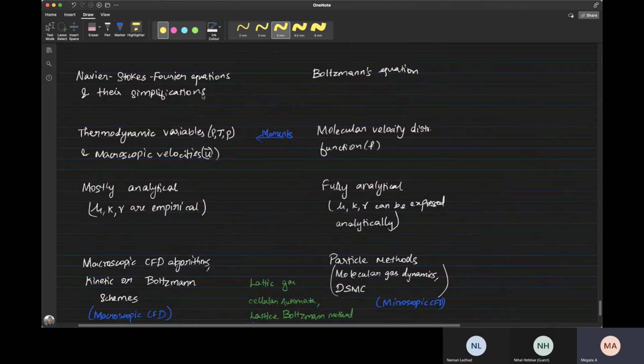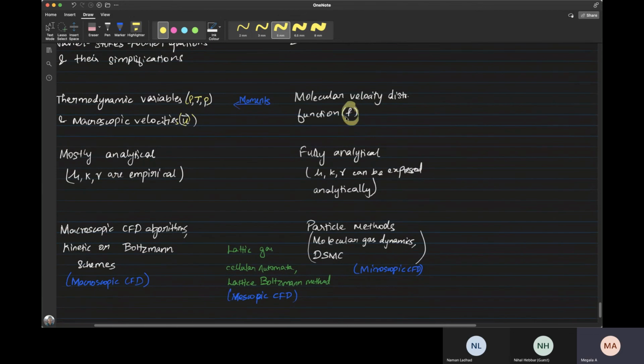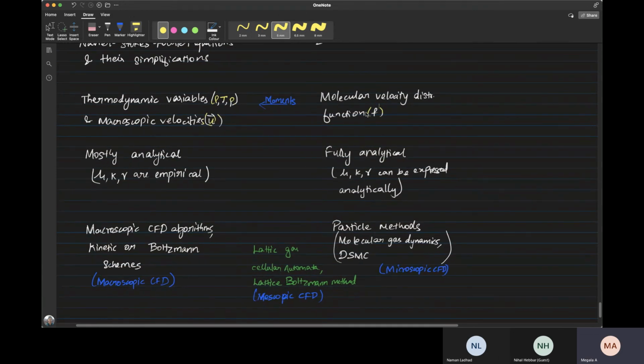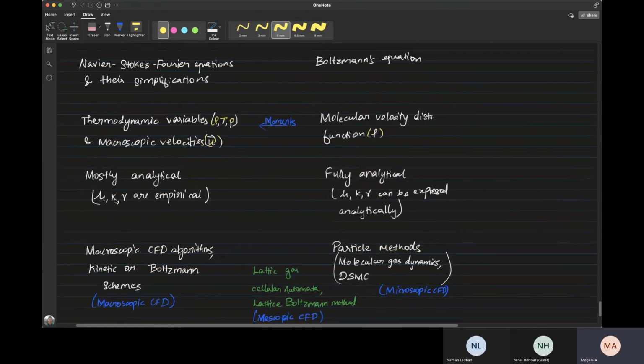In the macroscopic scale, we have our thermodynamic variables and velocity variables: rho, T, P, and the u vector. In the molecular description, we have only F. When we take moments of F, we get macroscopic variables. In the microscopic scale, things are mostly analytical.